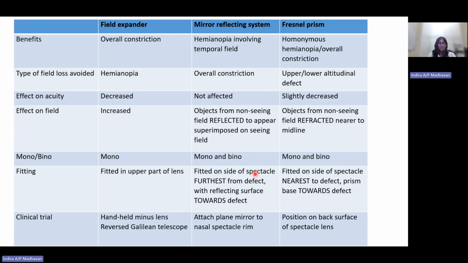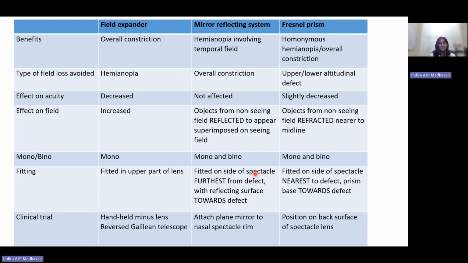The Fresnel prism looks like, if you could recall back during your school days, you have to submit assignments for your projects and all that, right? When you bind the book, there will be one transparent layer attached on the first page, so that the inner pages don't get dirty.